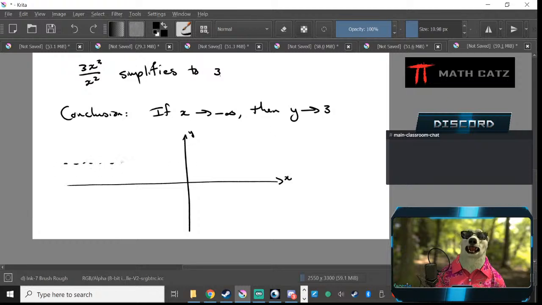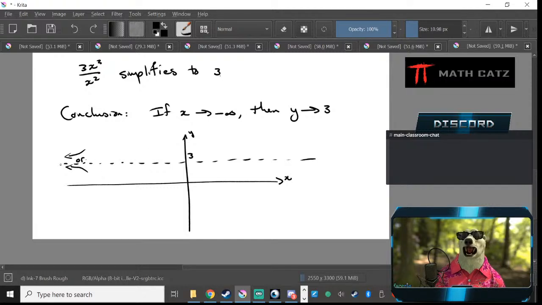They are approaching the horizontal line that is sitting at 3. I don't know how. It could be from above. It could be from below. I don't know, and that's also not something I should be worried about right now.